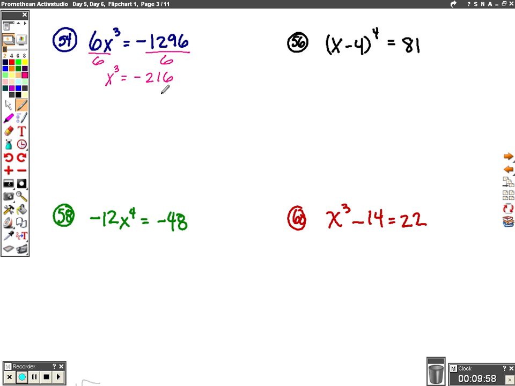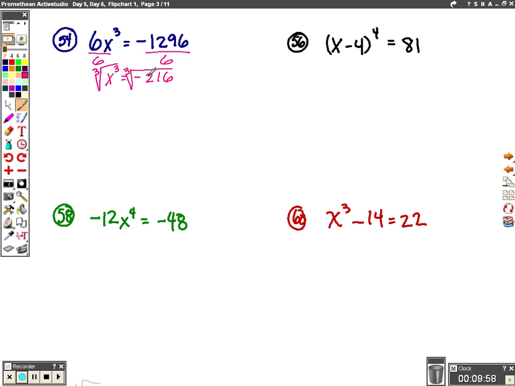Now that we've got negative 216, we want to take the cube root of both sides. Now, this is where I need to ask myself a question about what we talked about before. If I'm taking the cube root of a negative number, am I going to have any problems?